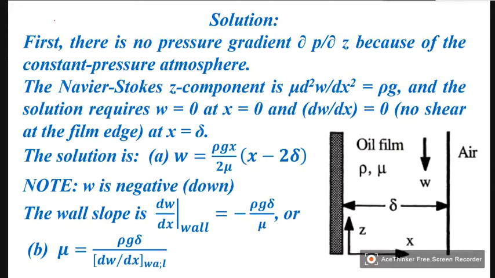That means dou P by dou Z is 0, because all along this, if you measure the pressure at any point, the pressure is constant, atmospheric pressure.